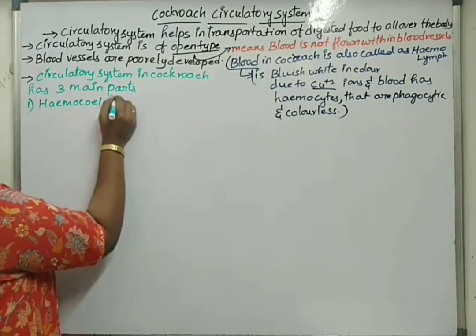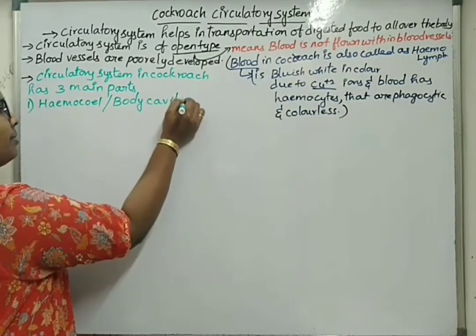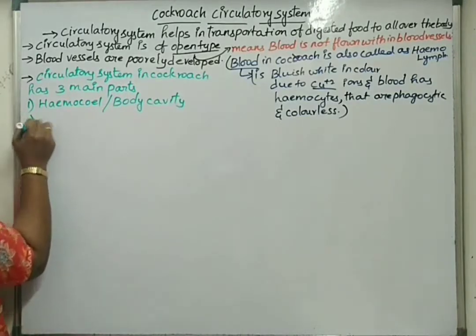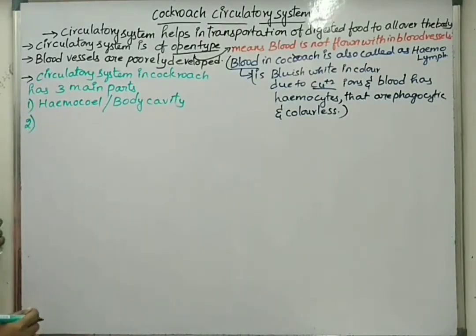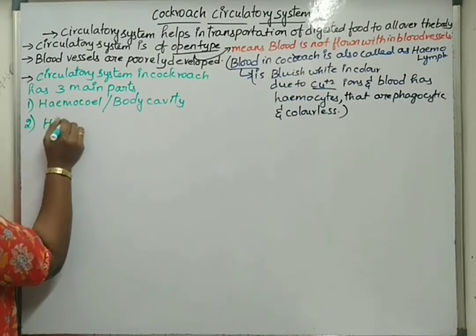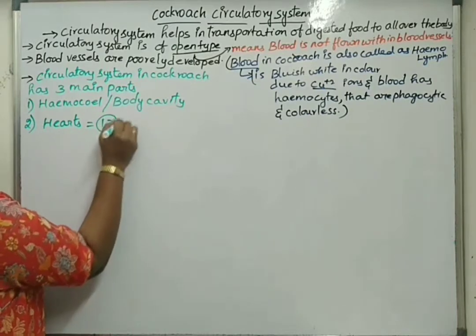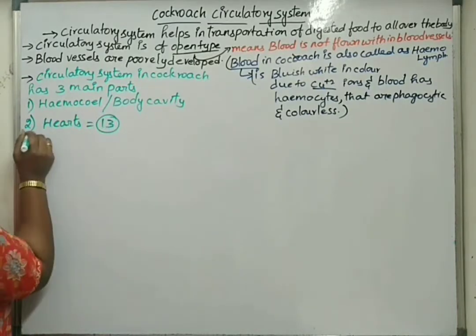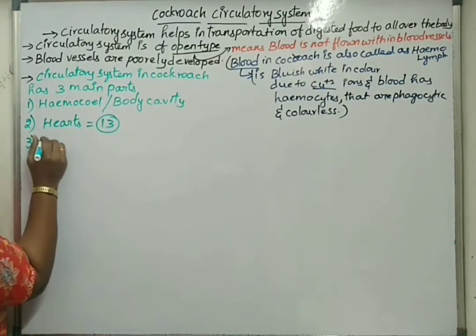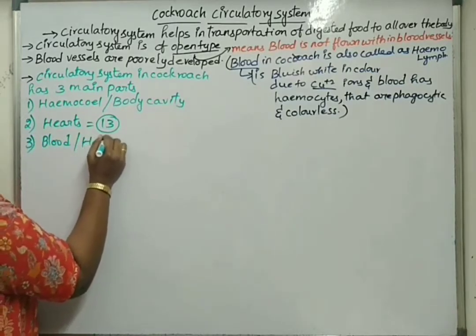Hemocoel is also called the body cavity. Second one, heart. We have to say hearts because hearts are 13 in number. Third one, blood, which is also called hemolymph.